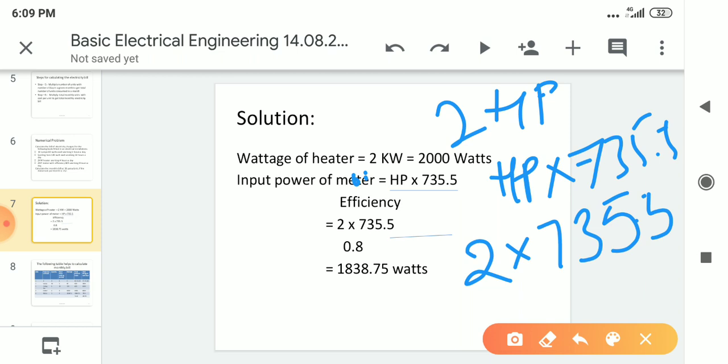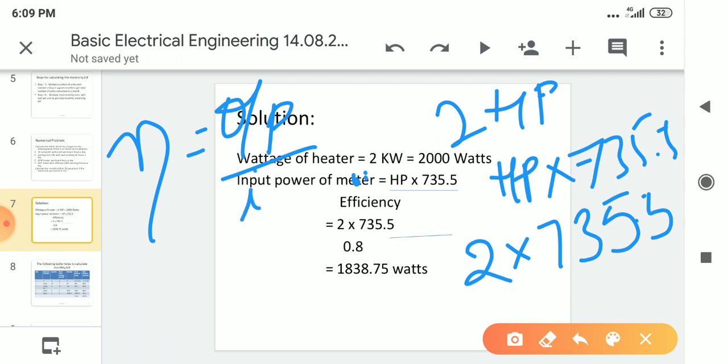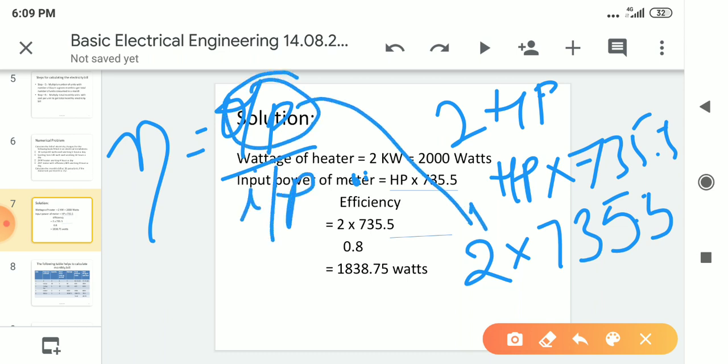Next, they have given only output and efficiency, they have not given the input. So what is the formula of our efficiency? Efficiency is output by input. In that they have given the output as this. So what then is the efficiency?